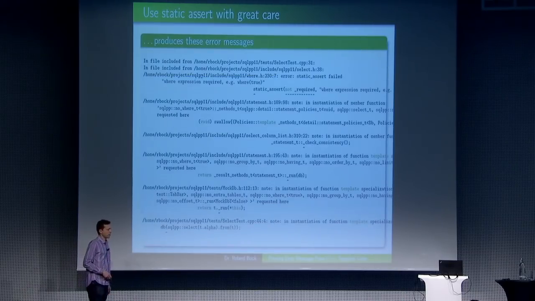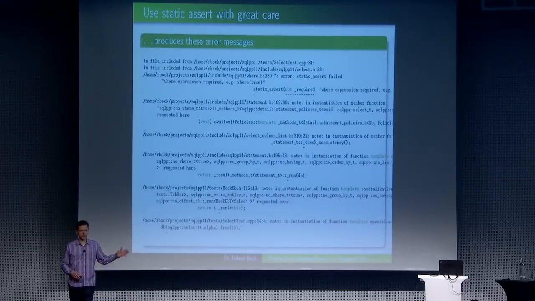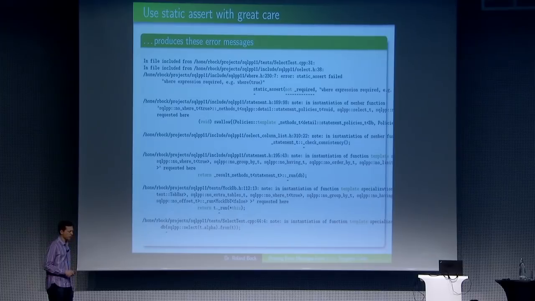And what it does, it produces these error messages. Okay, it's not too bad. These are the complete error messages. It's already reduced a bit from what it was earlier on. Clang tells you the reason that the library developer decided to give.